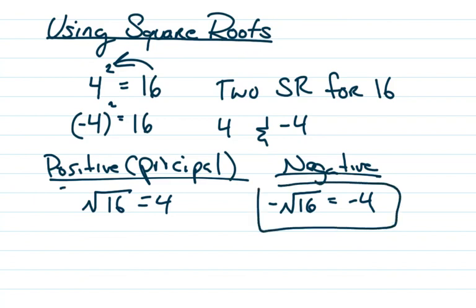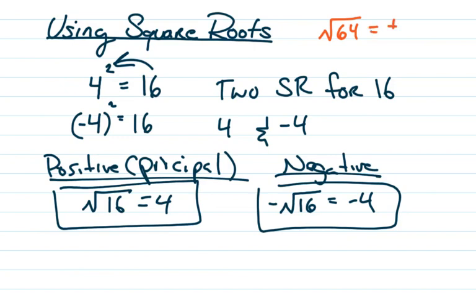So please be aware of this. If the book or if I ask you a question like what's the square root of 64, do not put plus or minus 8. This is only asking for the principal root, so only the positive.